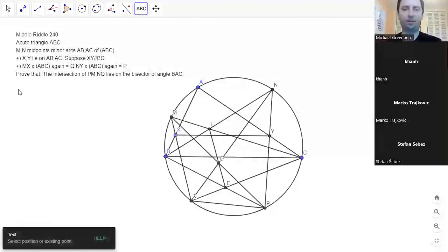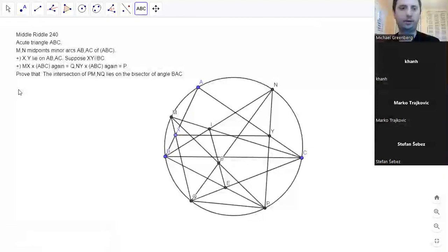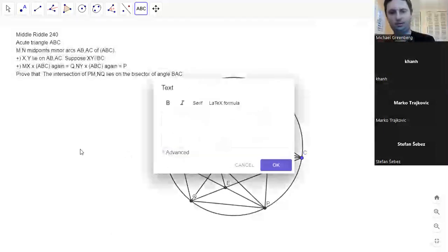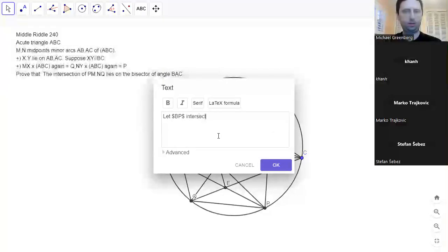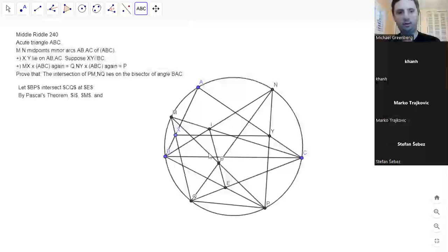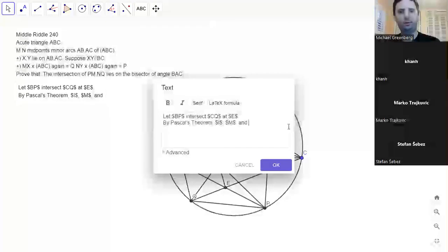So let BP intersect CQ at E. By Pascal's theorem, I, E, and D are collinear.